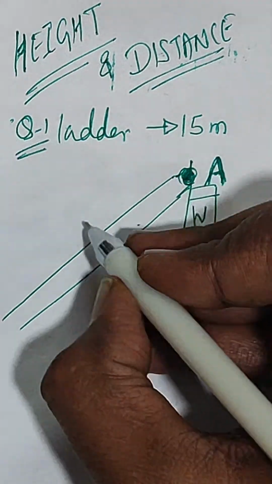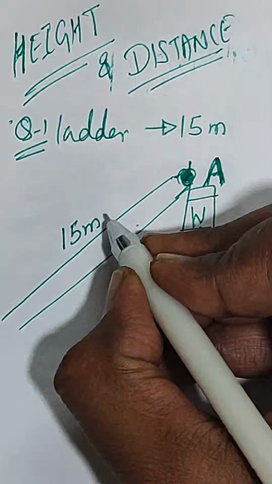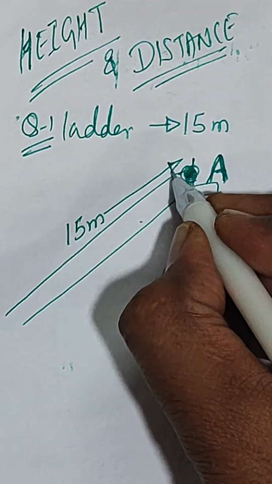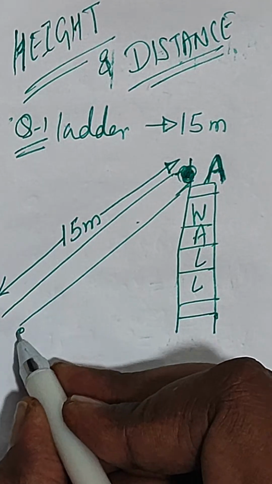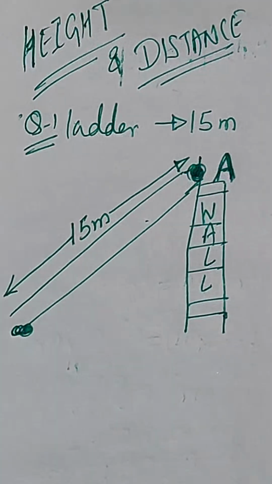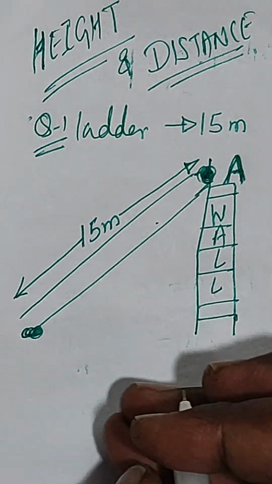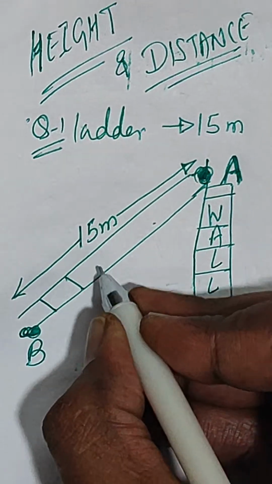The ladder is 15-meter long, so the length of the ladder is given to you, that is 15. This is the length of the ladder, and let us say the point of contact on the ground is B, right? This is the ladder.